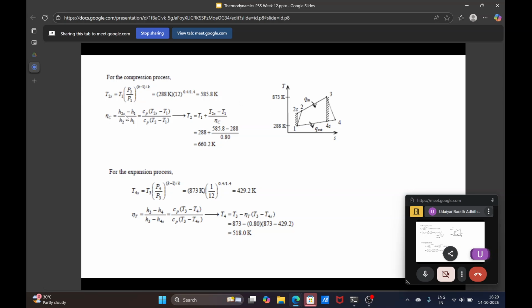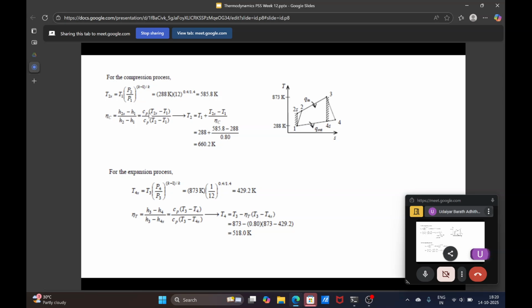If we assume the specific heat doesn't vary, we have a perfect fluid, so we can write H2 minus H1 as Cp times T2 minus T1.